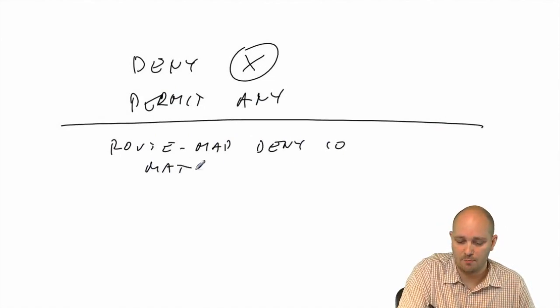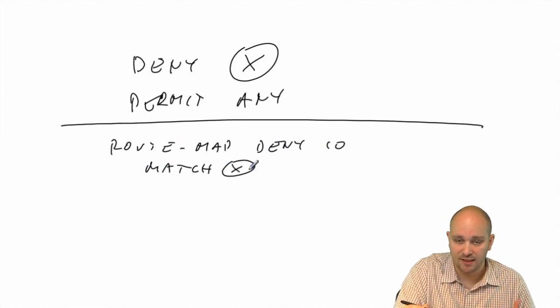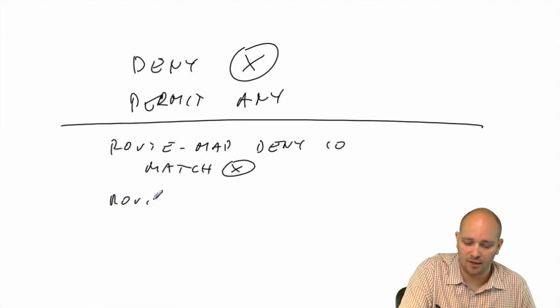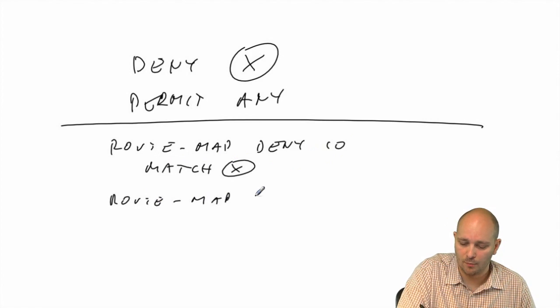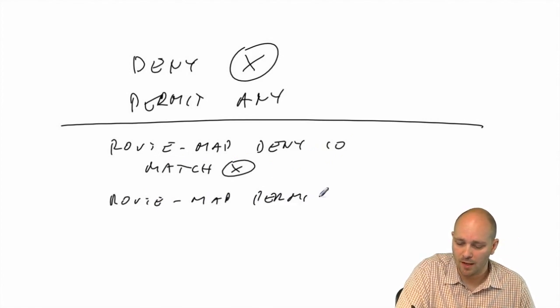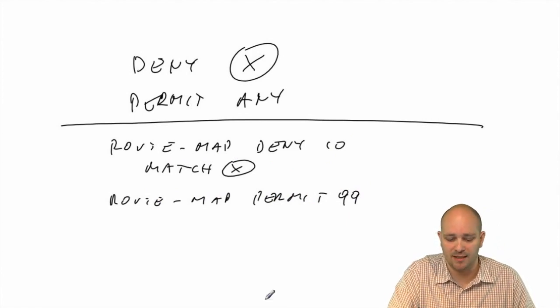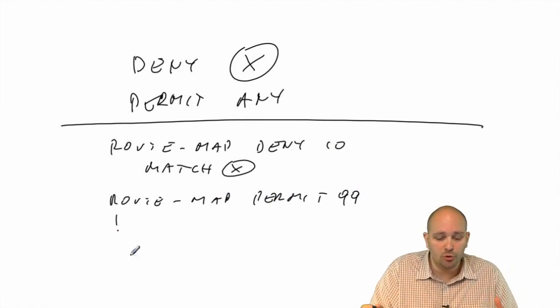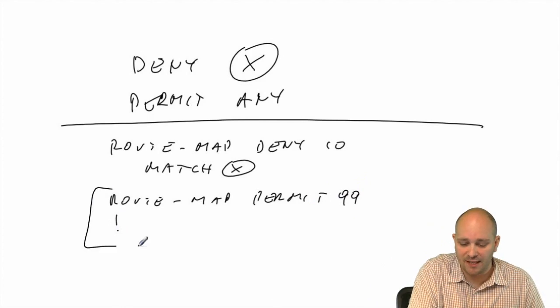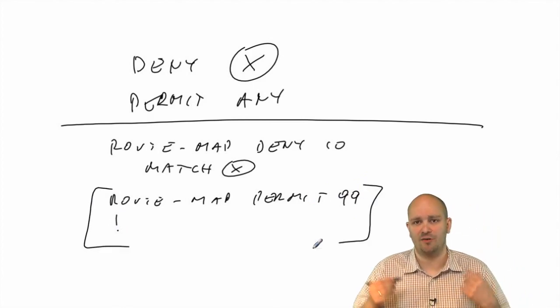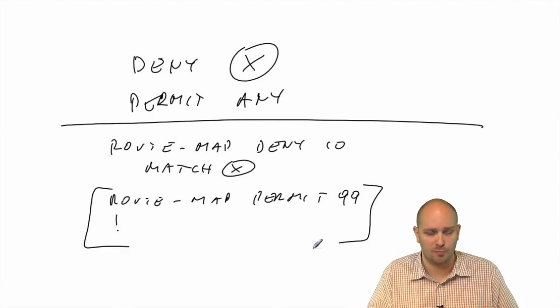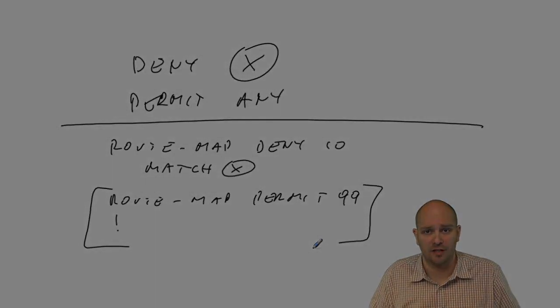You're going to say match whatever x here is, and then you would create a route map permit. And I like to leave some room in this case, so I'm just going to put the sequence number 99, and this is it. You don't put anything there. This empty permit statement is kind of a catch-all at the end of the route map that is going to allow everything else.